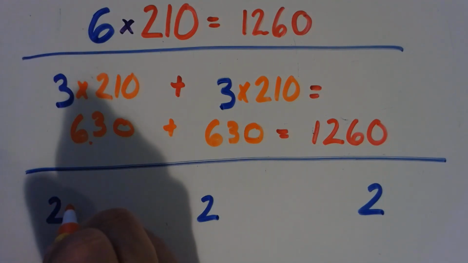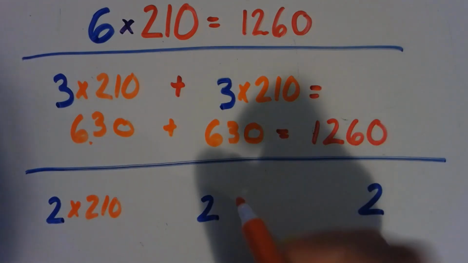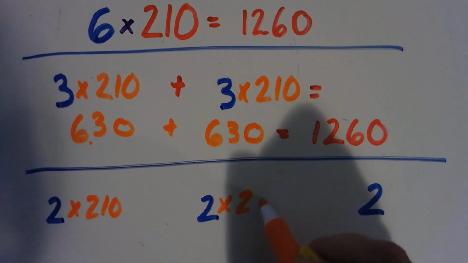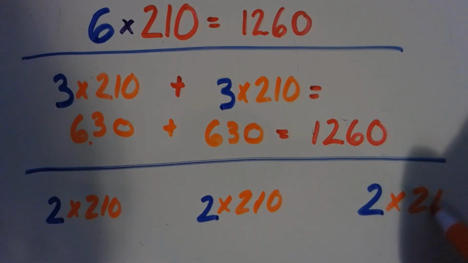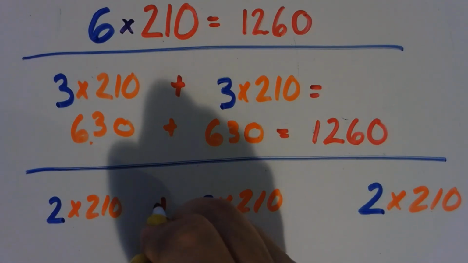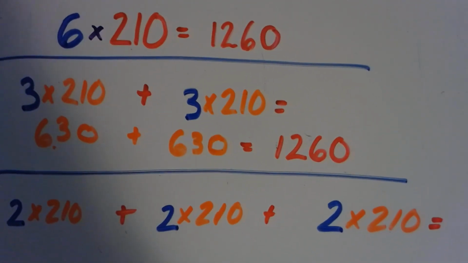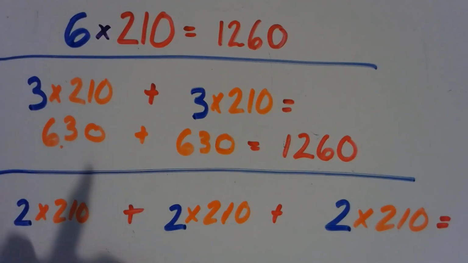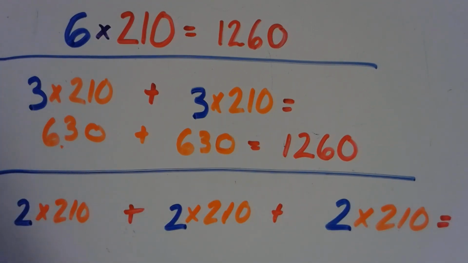Okay, so if we take 2 times 210, 2 times 210, 2 times 210, and then we add them all together, guess what number it's going to equal?